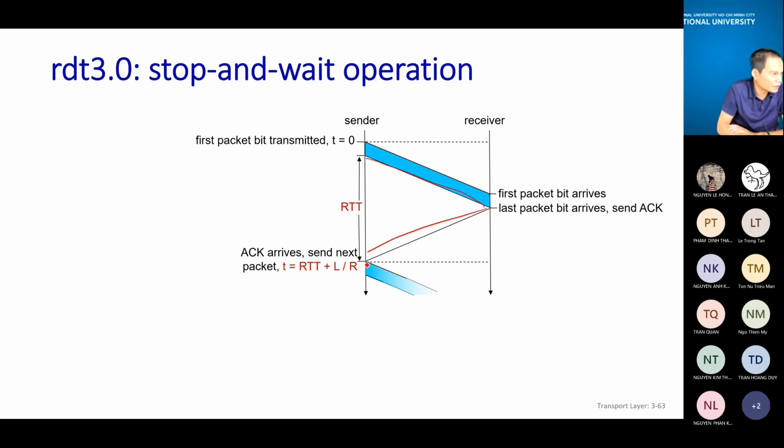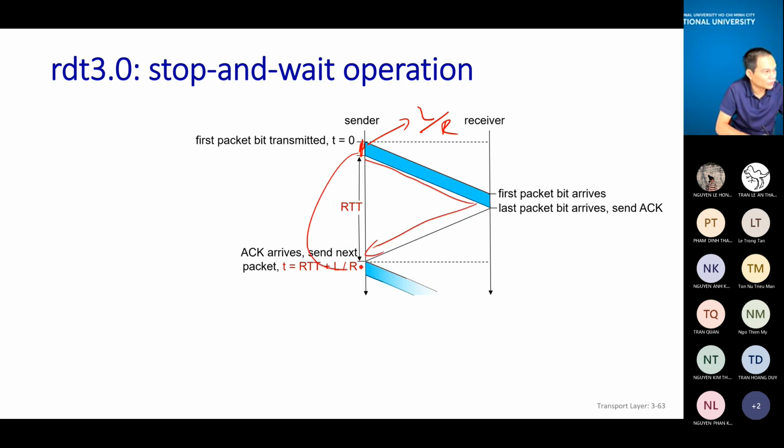L divided by R. What is that? L is the length, or the size of the data, and R is the transmission rate. So it is the transmission time for the packet. This one is L divided by R. The total is the transmission time of the packet plus the round trip time.